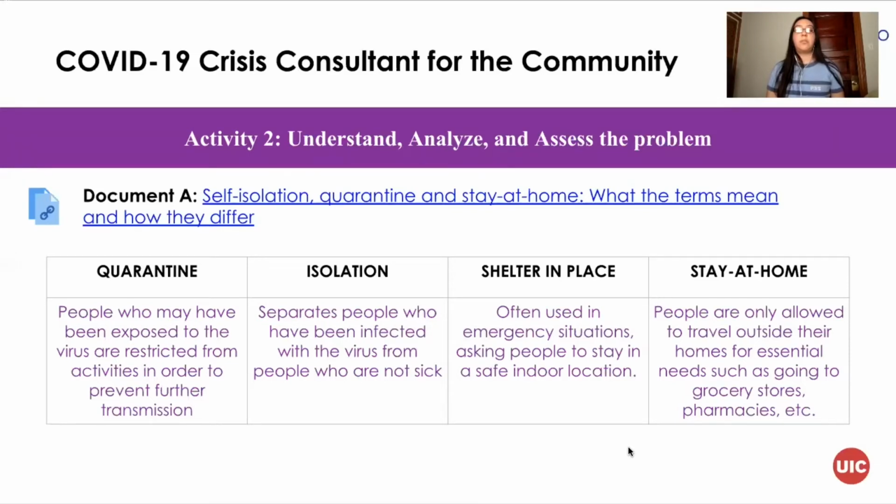That's typically what shelter in place is used for, but we have seen it used during this pandemic, similar to stay at home. For example, here in Illinois, our governor used stay at home, which means that people are advised to only leave their house to go to essential places, such as groceries, pharmacies, doctor visits, if they're essential workers, things like that. That's where the stay at home term comes into place. So that was what document A was mainly focusing on.